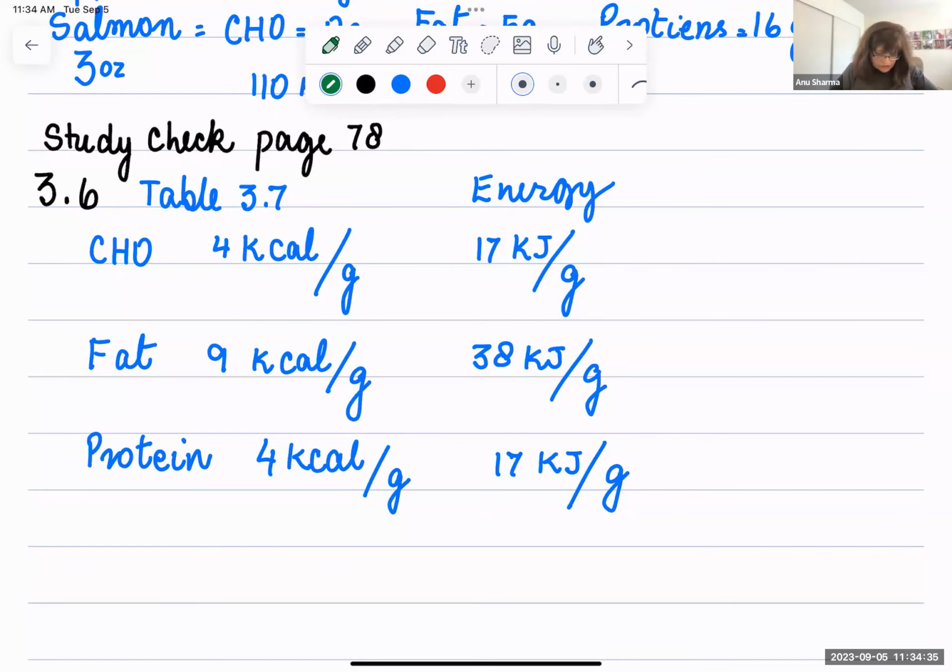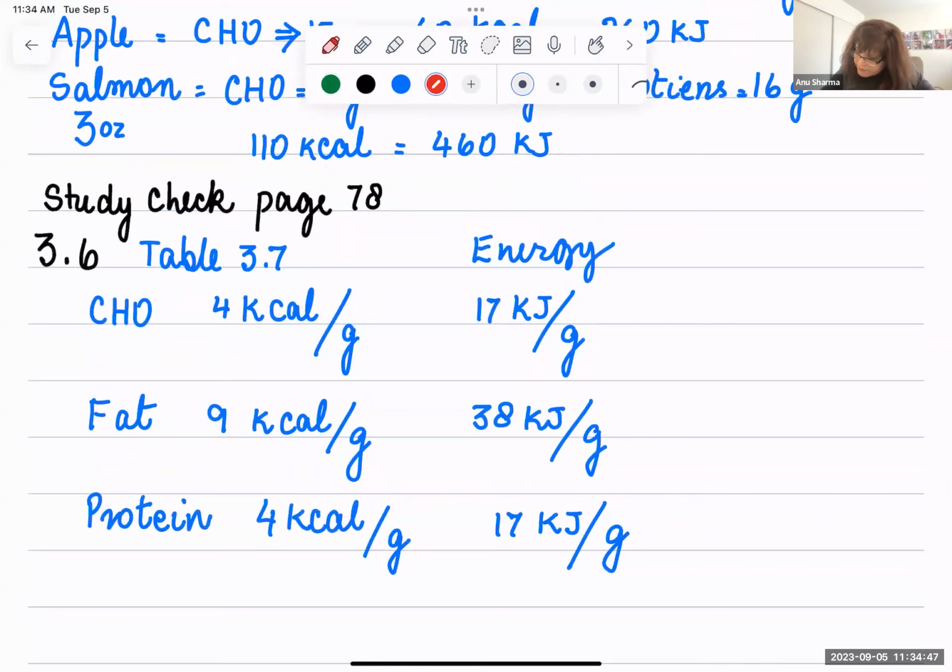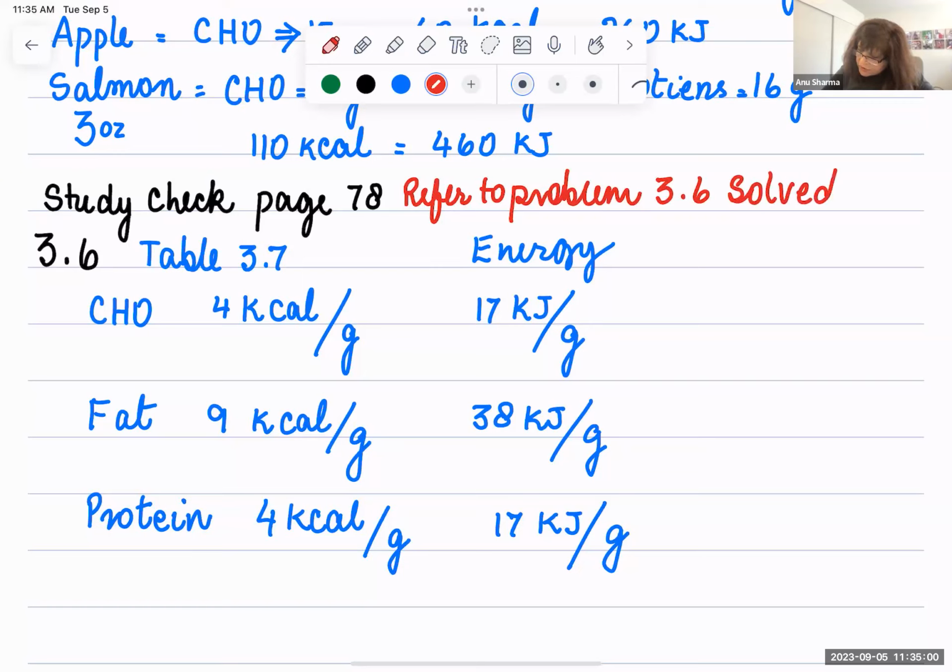This question relates to the problem where 1 serving contains, so you have to refer to problem 3.6, which is already solved. This is in continuation of that.